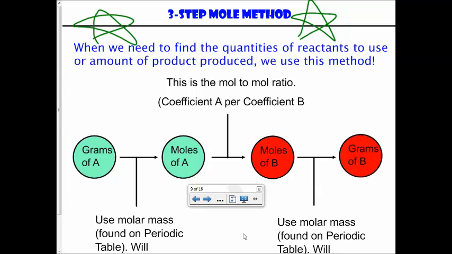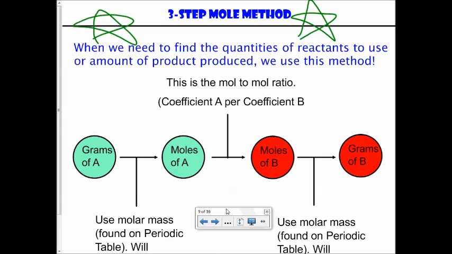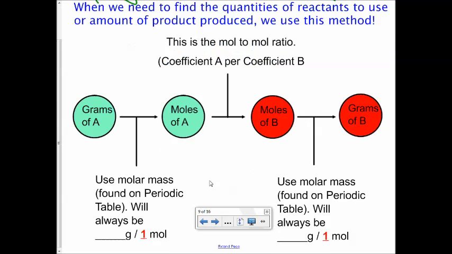We're going to go from grams of substance A to grams of substance B. So we're going to have to do 1, 2, 3 different steps. So when we go through and do these steps, the first thing that it tells us to do, if we want to go from grams of A to moles of A, what do we have to do? We have to use the molar mass found on our periodic table.